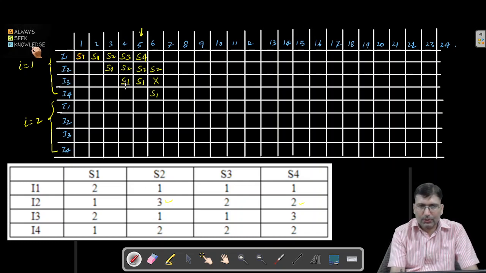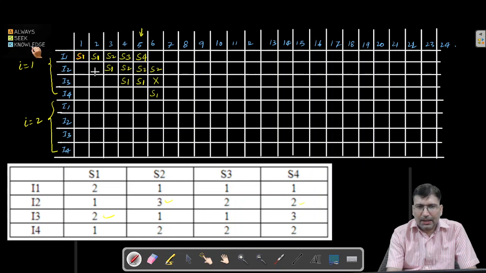It has been done with stage 1 and is waiting for stage 2. In stage 1, I4 requires only one machine cycle.